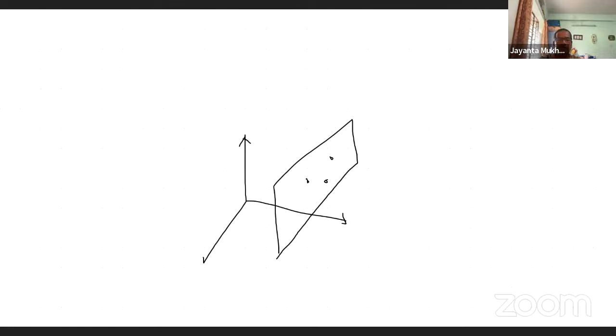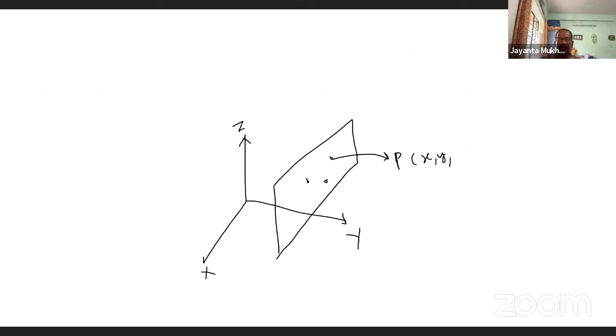So if you have three coordinate axes, mutually orthogonal, a point P in this space is denoted by three coordinates corresponding to the directions x, y, z.